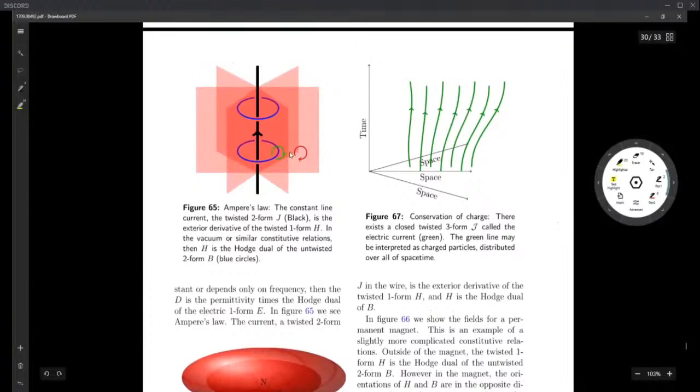That is to say, if I have this H form that intersects with this line, I can then take the derivative, and I can arrive at this twisted two form. And again, there's a Hodge dual correspondence between these two.